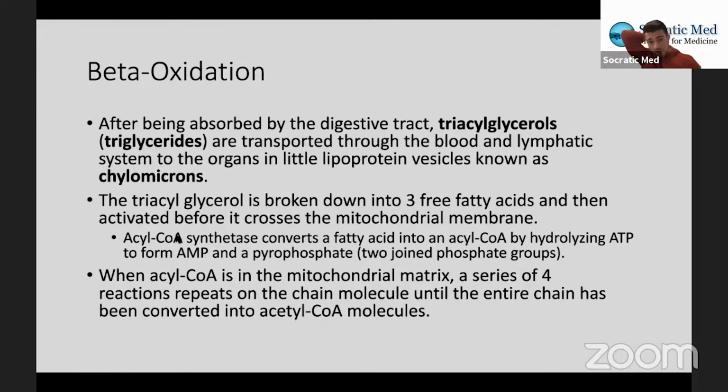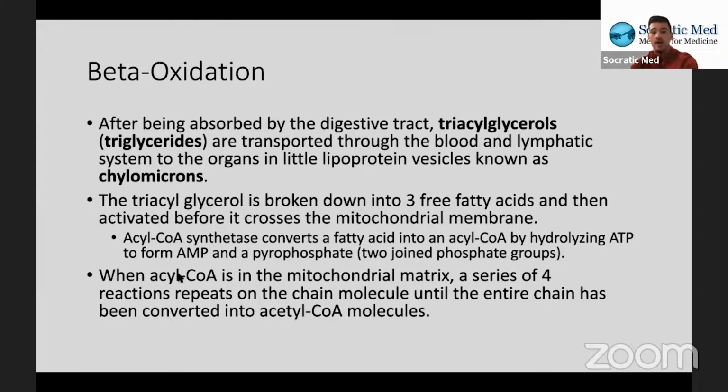Acyl is a generic term because it would change depending on how many carbons are in the fatty acid chain. For example, if we had 16, it would be palmitoyl-CoA; acetyl-CoA is 2. So acyl is just a generic name for the fatty acid chain that's connected to the CoA.